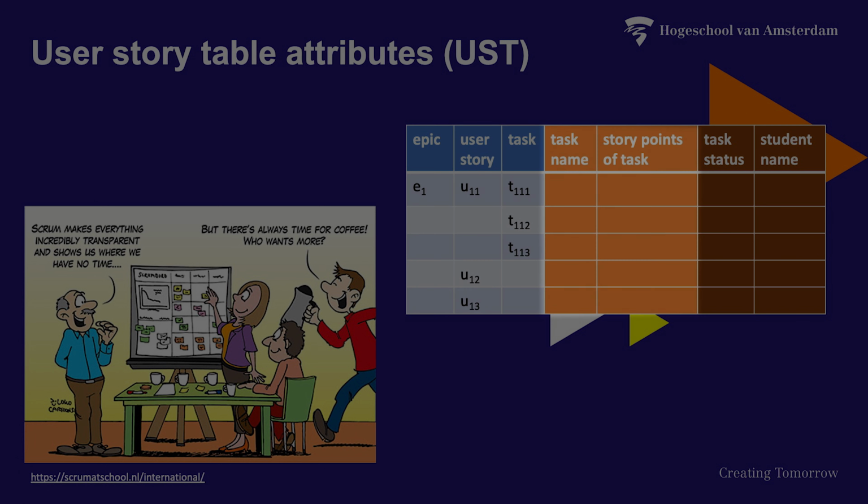In orange, you see attributes of the user story table, such as task name and story points of the estimated workload in hours. These orange attributes come from an anticipated template with educational building blocks in a course that is carefully prepared before the start of a course by university staff.